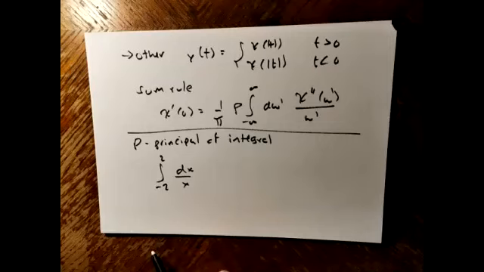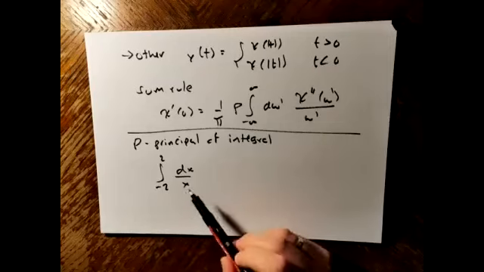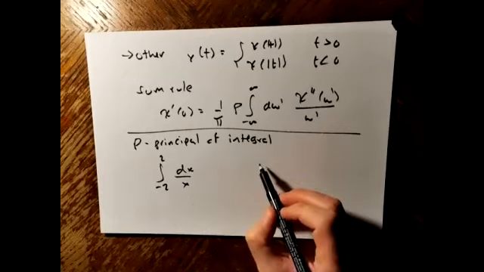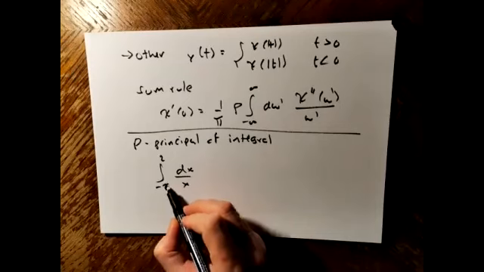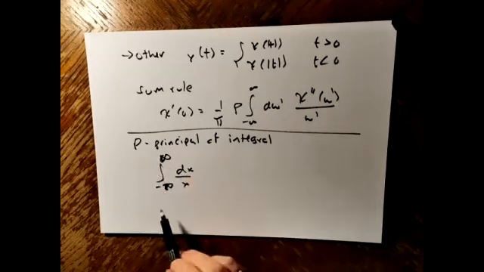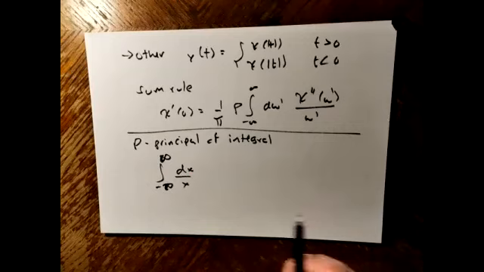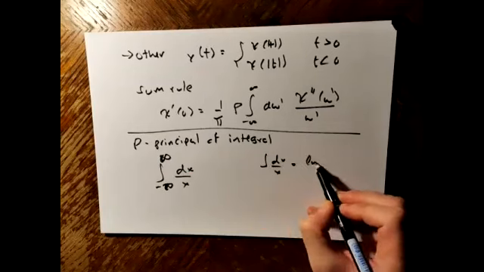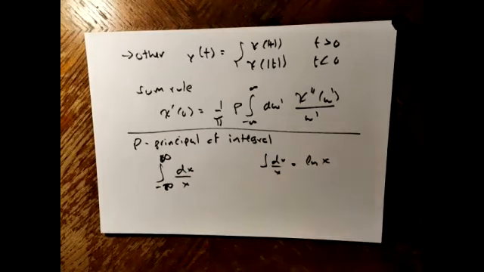First I'm going to exclude the singularity, and then I can put it back. Actually, let me do minus infinity to plus infinity. You know that the indefinite integral, with no boundaries, is ln x, right? So it looks like we should be able to do this, but it's not so simple.